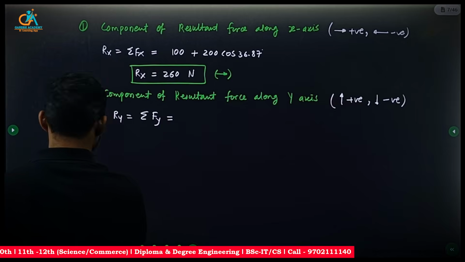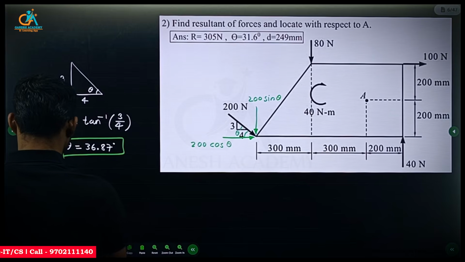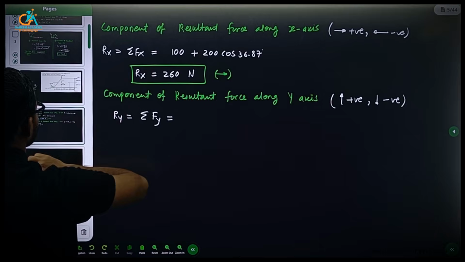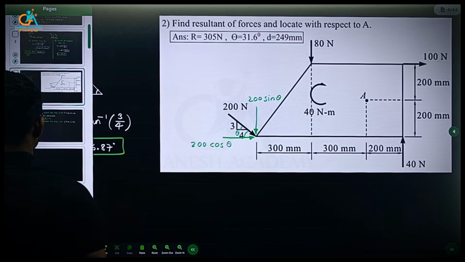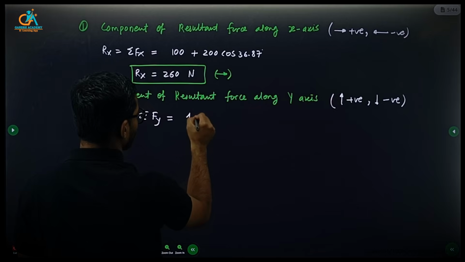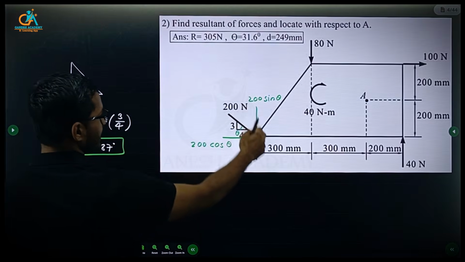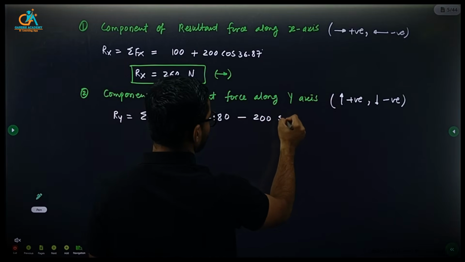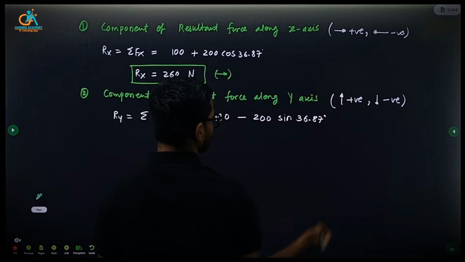So 40 upward is positive, 80 downward is negative, and minus this force 200 sin theta downward, where theta is 36.87.